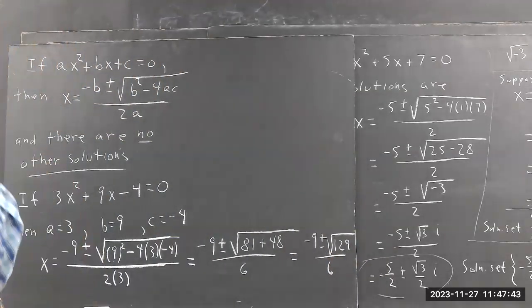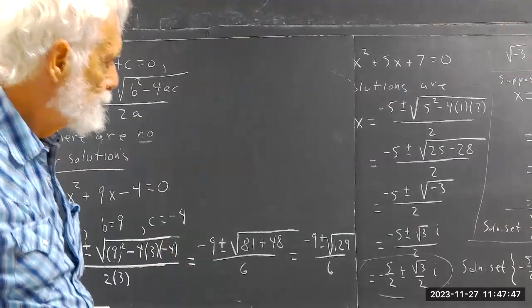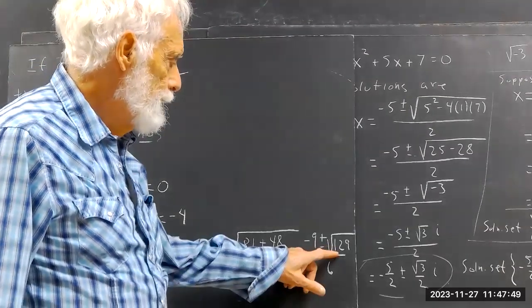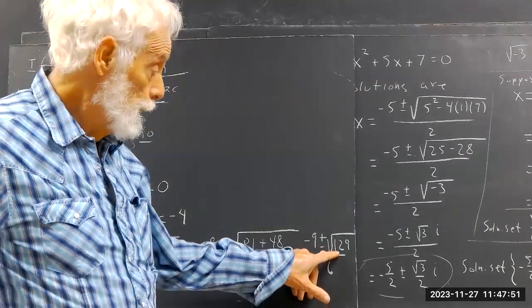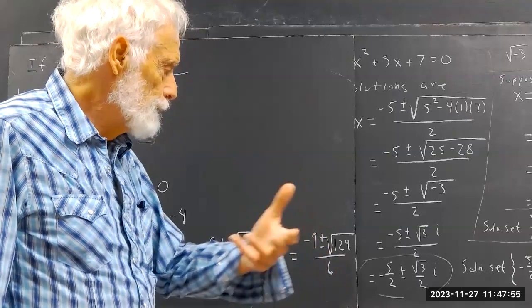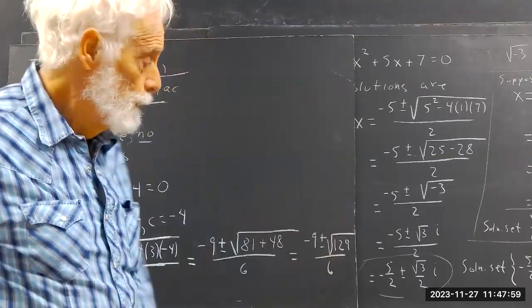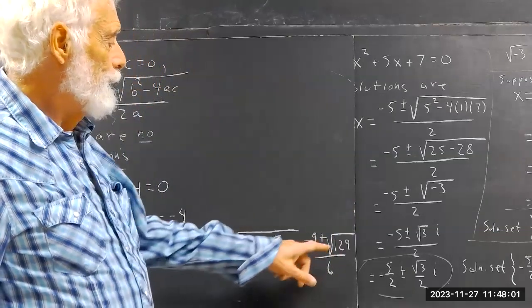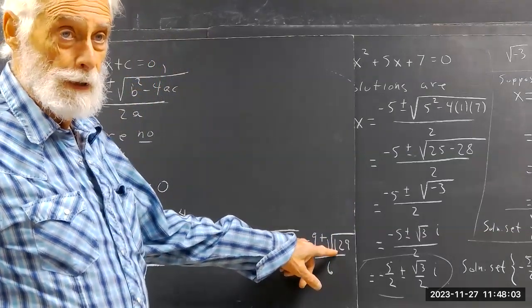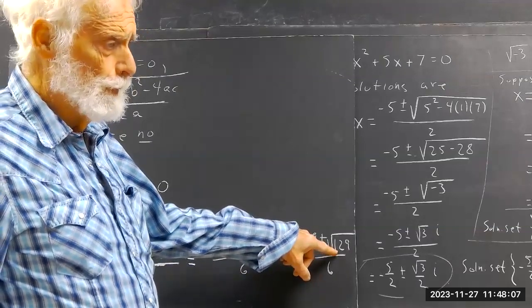Okay. Now, you'd want to do a prime factorization of 129 or identify the biggest perfect square within 129. Because that's what we do with radicals. Well, 3 goes into 129. It goes into 43 times, and 43 is a prime number.